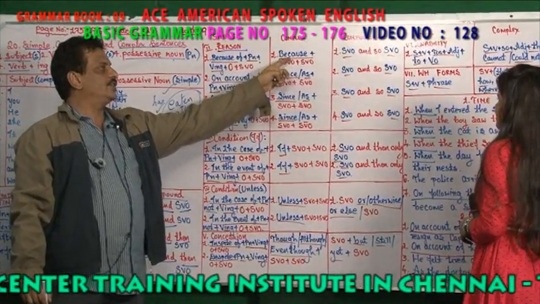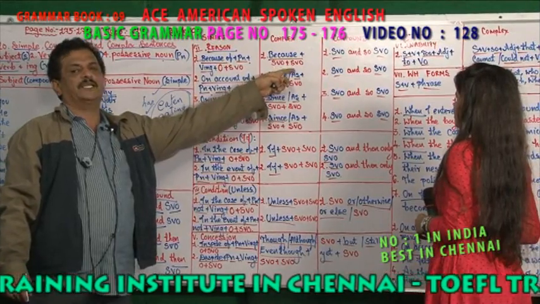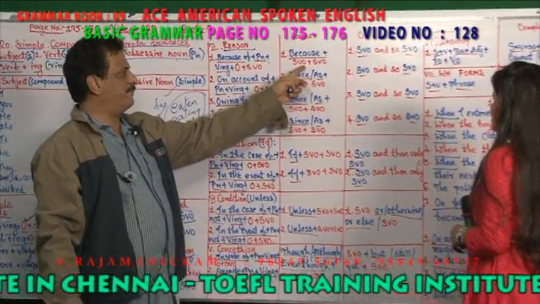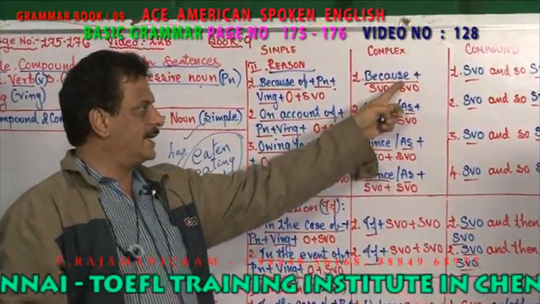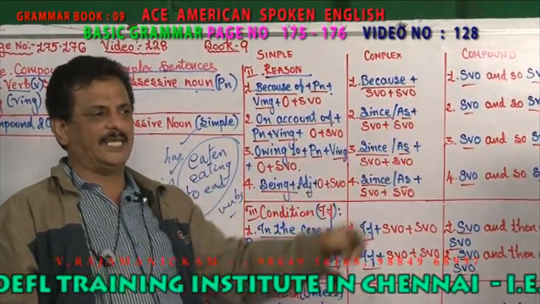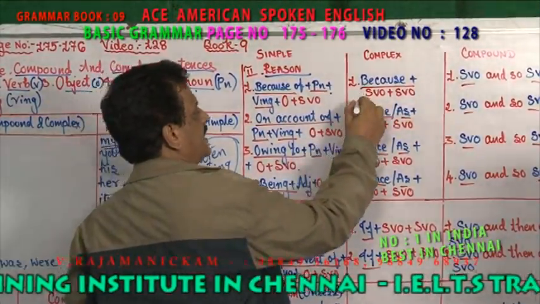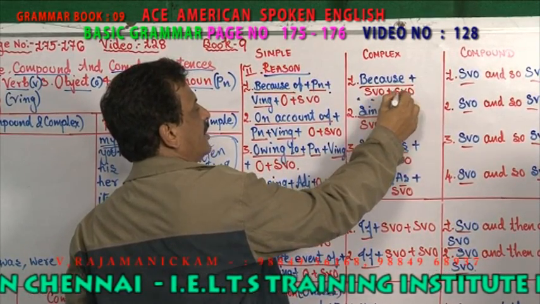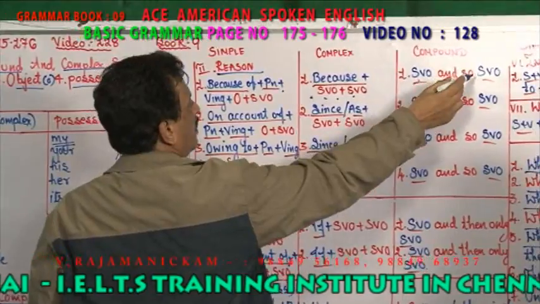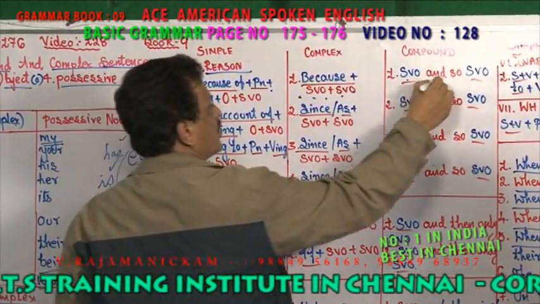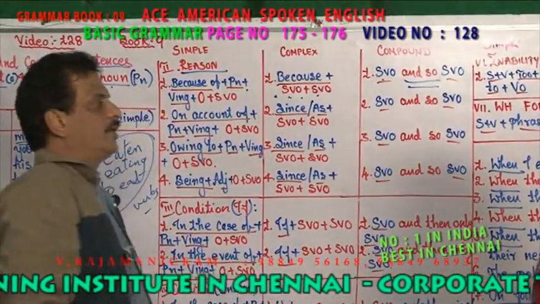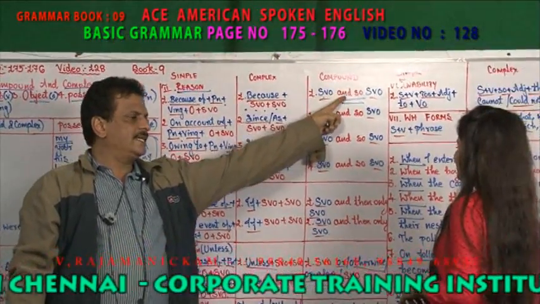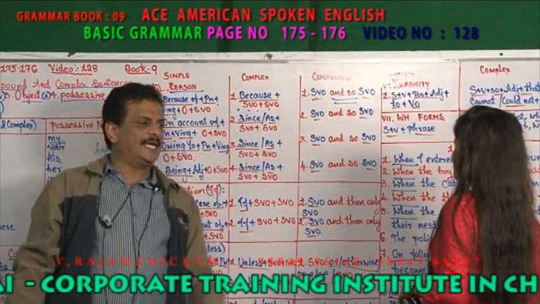So, how do you change into because plus subject, verb, object? Because I did my project, I got a job. So, because, subject is I, verb got. I did a project, I got a job. So, subject, verb, object, and so, you are connecting with subject, verb, object. I did a project and so I got a job.